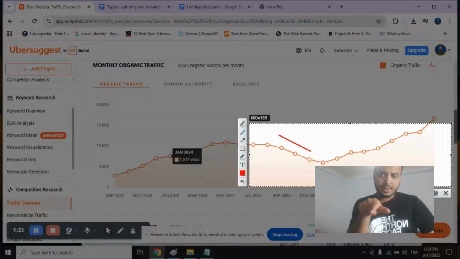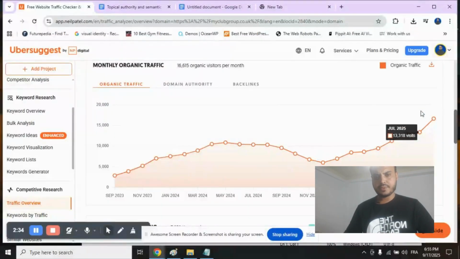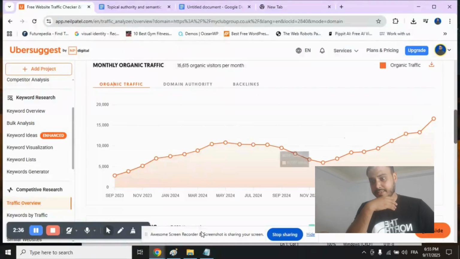And after about between November and January, there is a good spike in the traffic, as you can see here, thanks to the information retrieval understanding and the query semantics understanding. We have covered some points in the previous lecture.